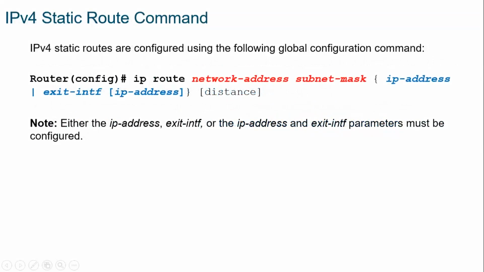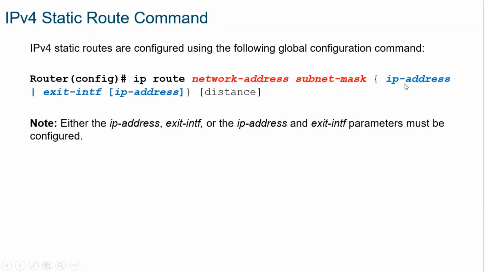So let's look at an IP version 4 static route command. We start in the global configuration mode, which you can see here with the prompt router config. This tells us that we are in the global configuration mode. And in there, we type IP route. This command tells the router that we are preparing to configure a static route. This is the remote network address, and this is the subnet mask of that remote address.